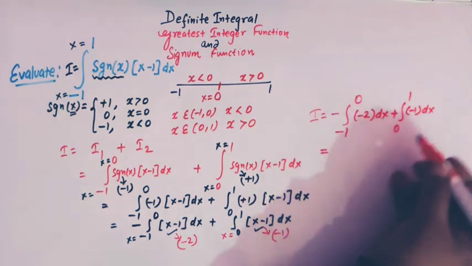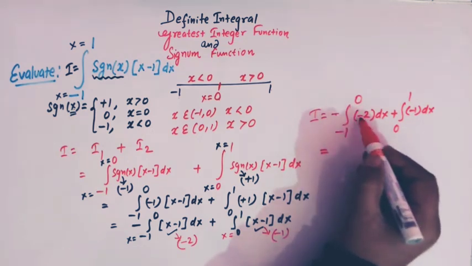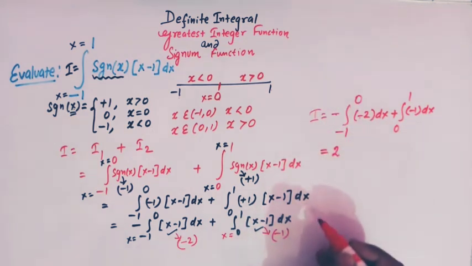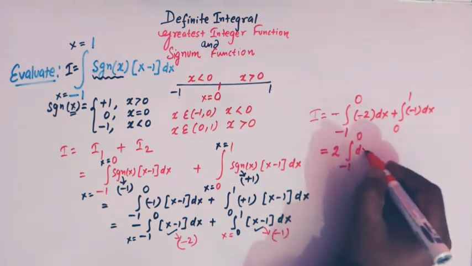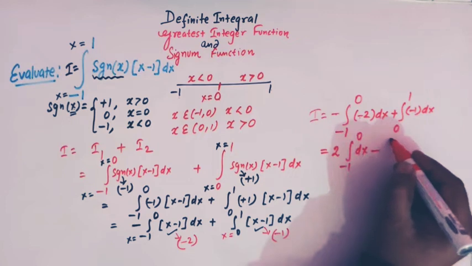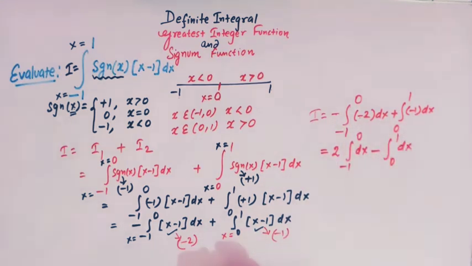So now we have two simple integrals, and this minus becomes plus, so we have 2 here, and minus 1 to 0 dx, and here we have minus 0 to 1 dx, right?